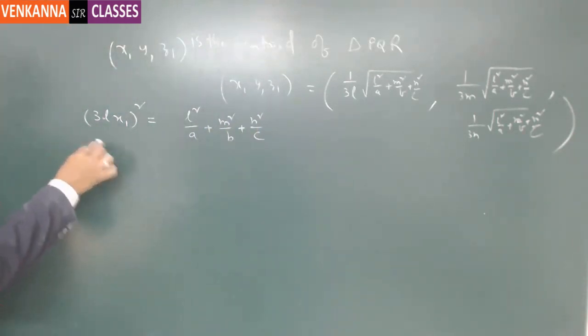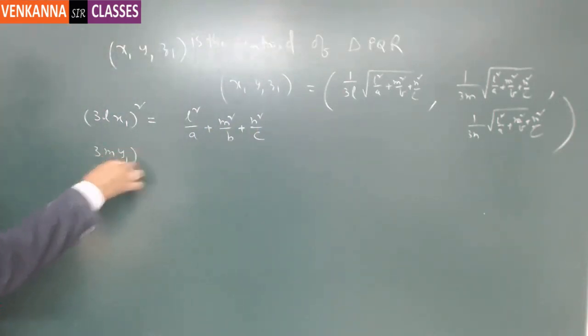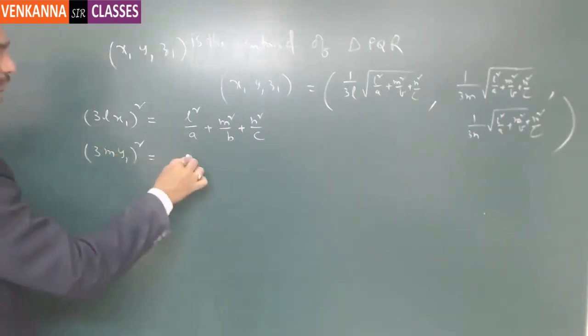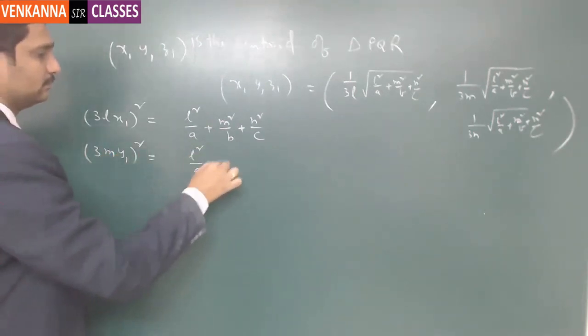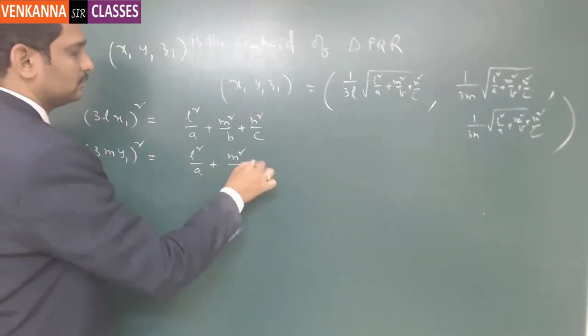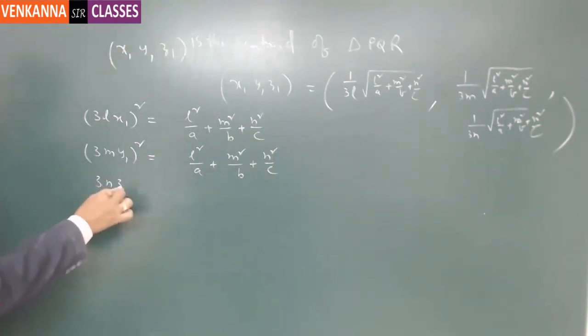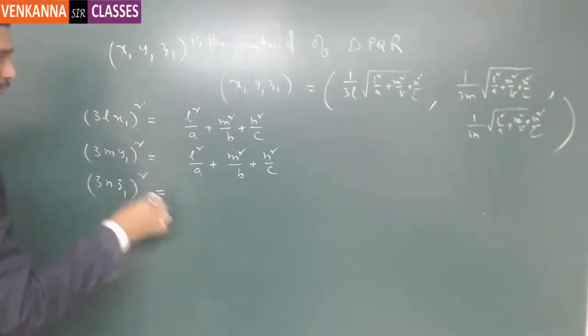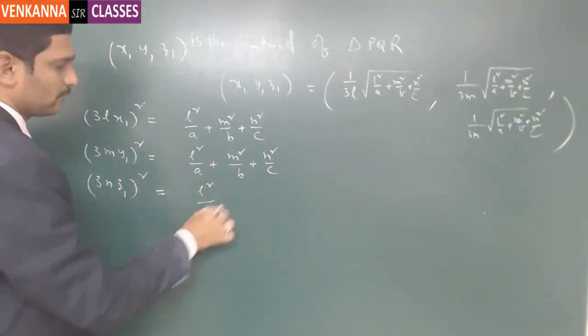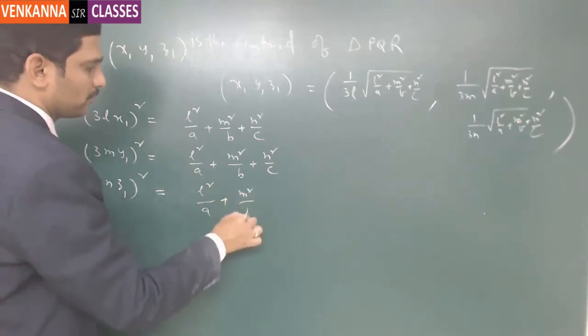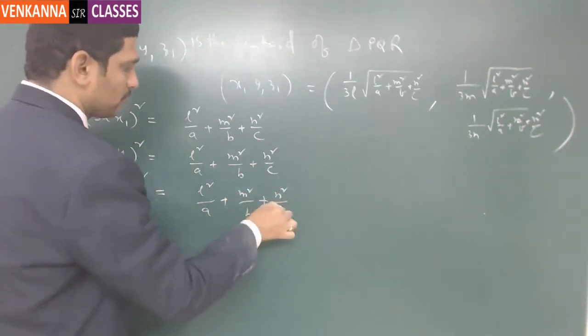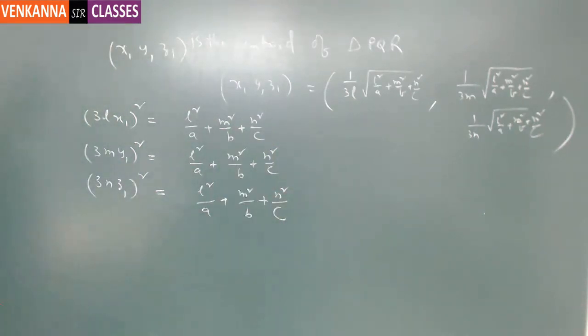Again, (3m y1) whole square is equal to the same, then you have the third one. This is the thing you got.